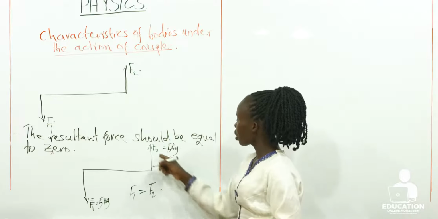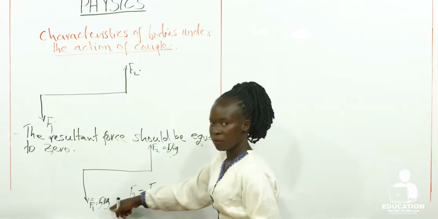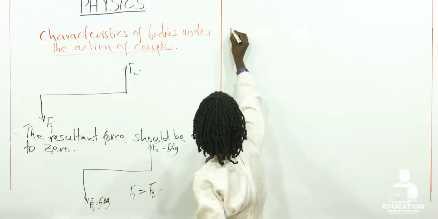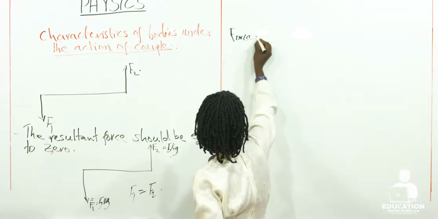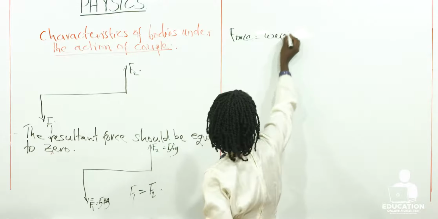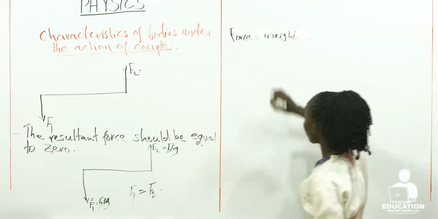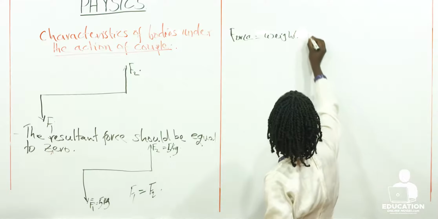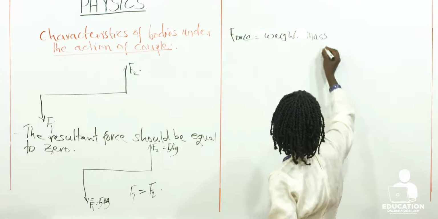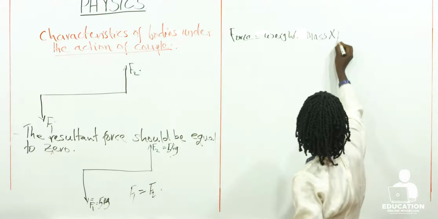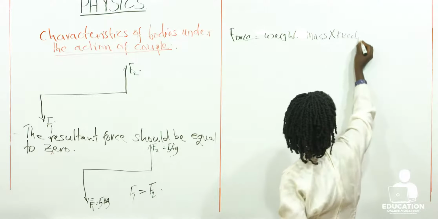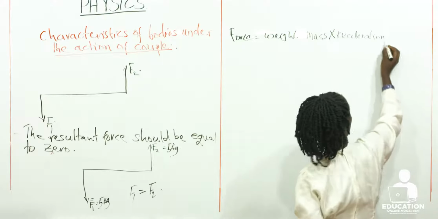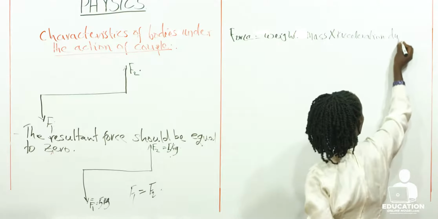Then how do you get the force? Here is the weight. This is not the force, because we say that our force is equal to the weight of the body. And what does the weight of the body equal to? The weight of the body will be equal to the mass of the body times the acceleration due to gravity.